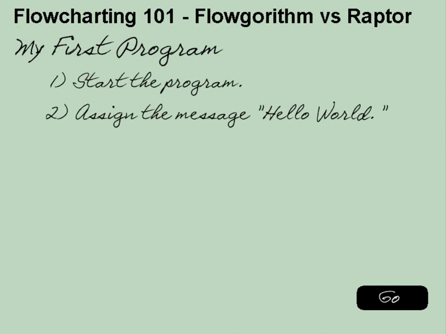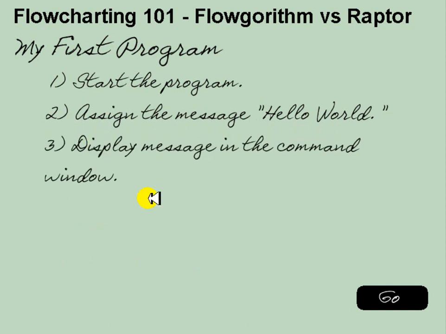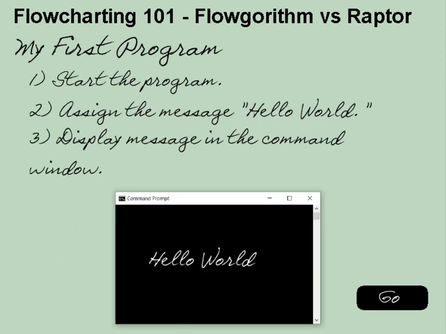So first we start the program, we assign the message Hello World to the memory location we want to use, and then third, we're going to display the message in the command window. In other words, the output window. That's it. Here's the command window. Here's Hello World. That's our program.